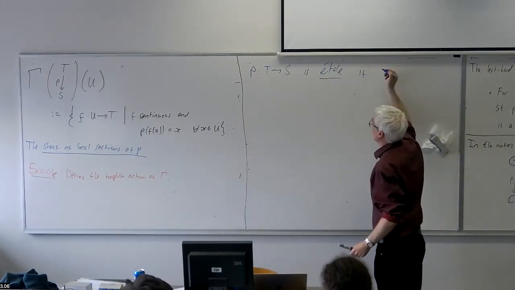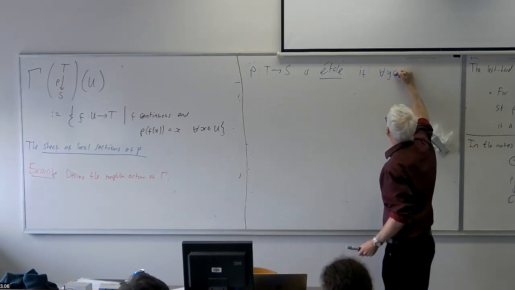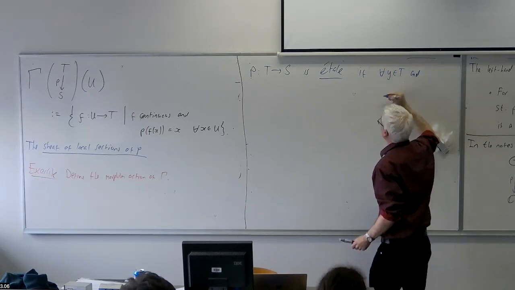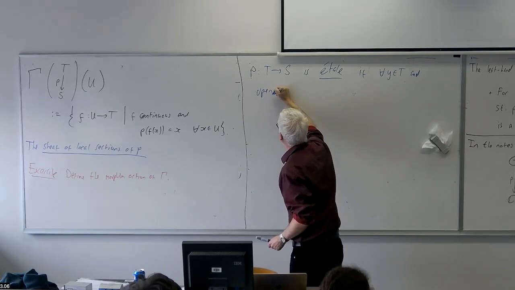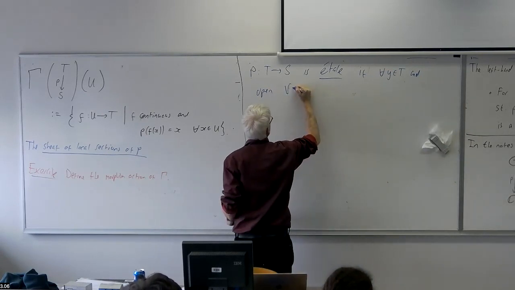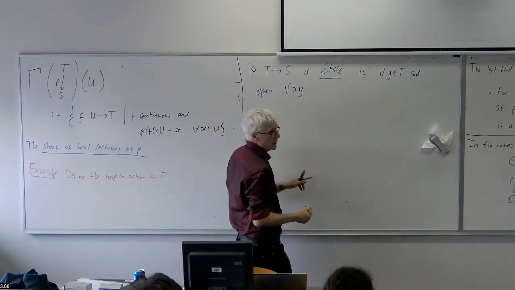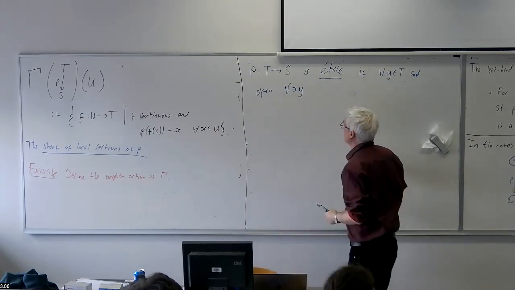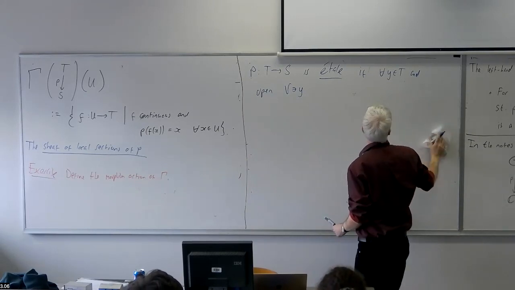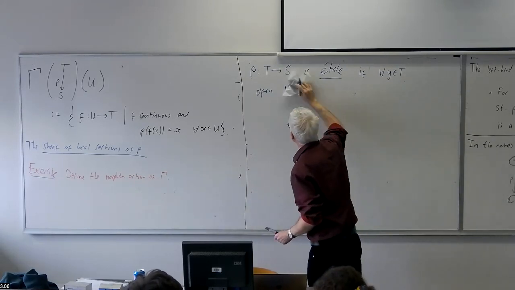If the same thing as before, but for any y in T and open neighborhood in T, so open set V to which y belongs. I'm writing the membership relation backwards here, so I've made exactly the same mistake as before.